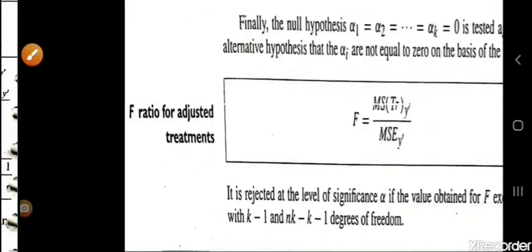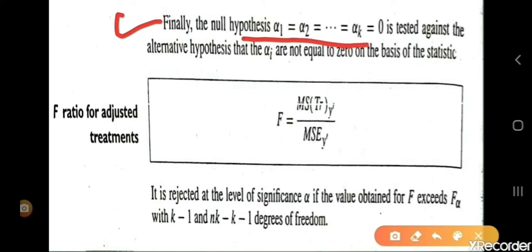So our null hypothesis will be like this one: the variance is equal, meaning there is no difference between the variance of each group given the dependent variable.